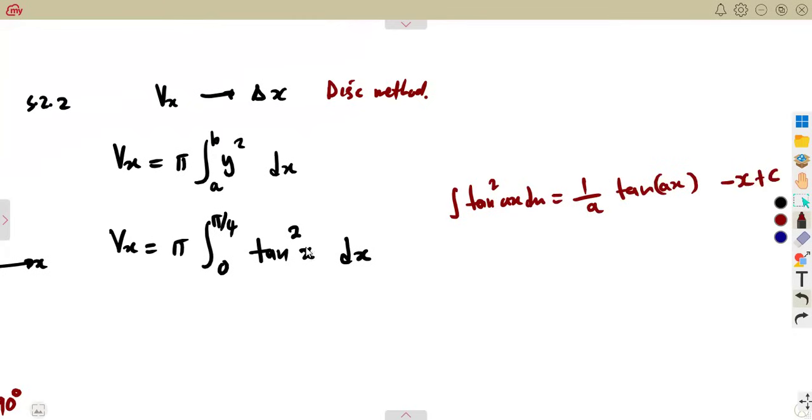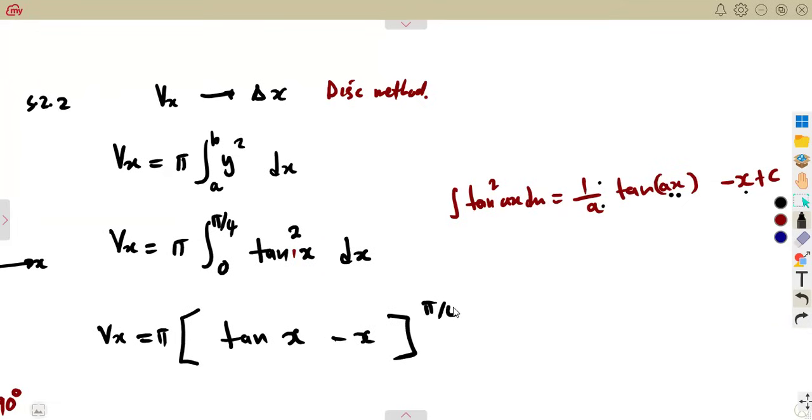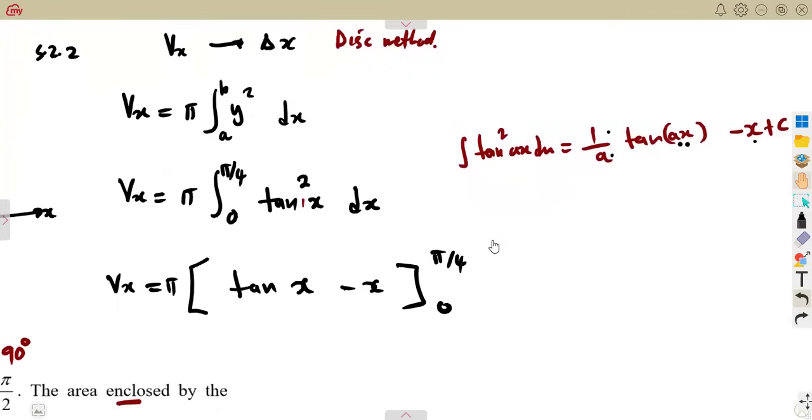So in this case, there is a 1 in tan squared 1x. So meaning to say, we can just integrate directly, it is going to be 1 over 1 tan ax, which is just tan x. So that is tan x minus x plus the constant of integration. Since we've got the limits, there is no need for us to indicate the constant of integration. So that's it.